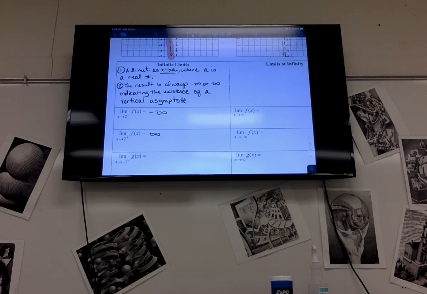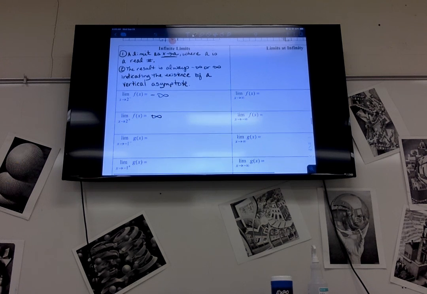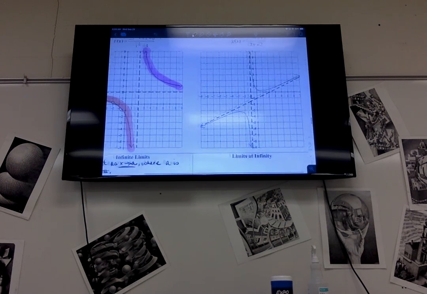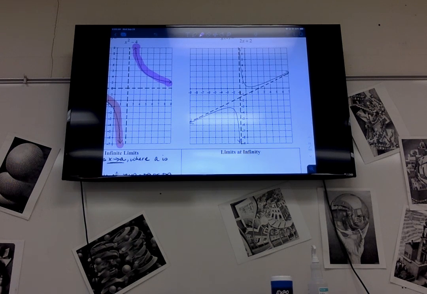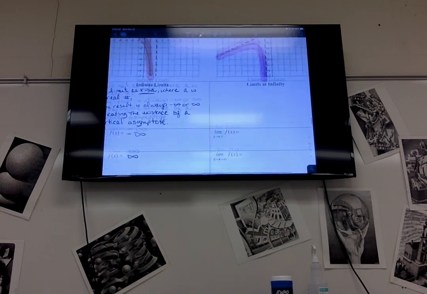Okay, so Faith, what's the limit as x approaches negative 1 from the left? Negative infinity? You are absolutely right. As I approach negative 1 from the left, it's going down forever.